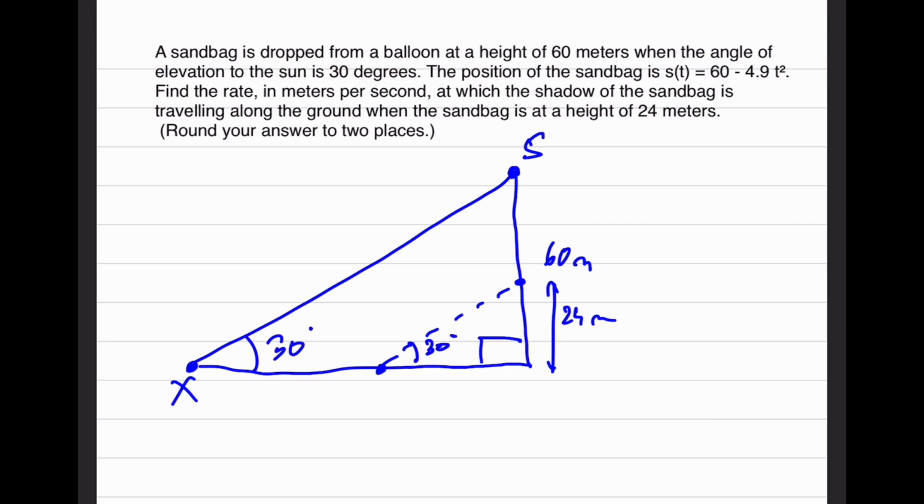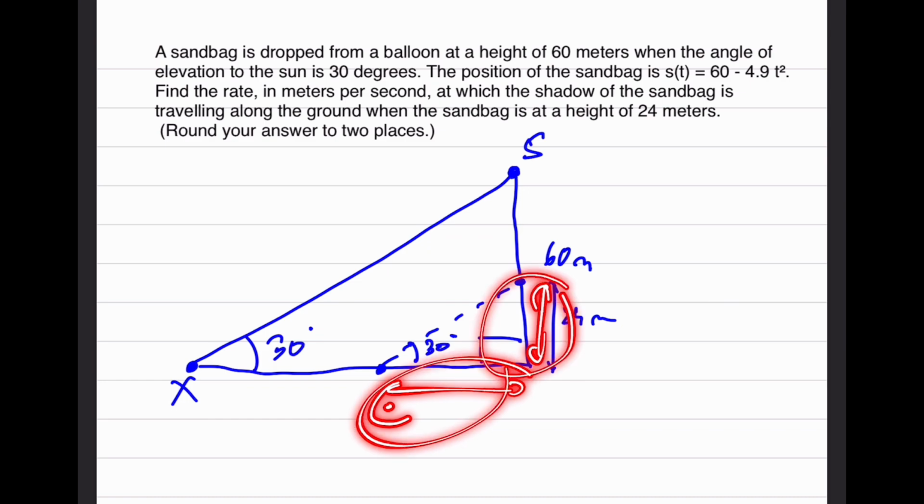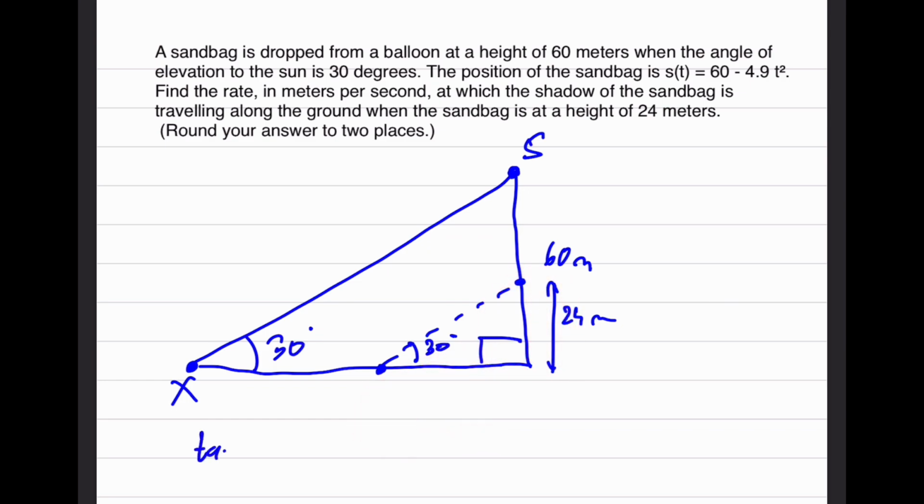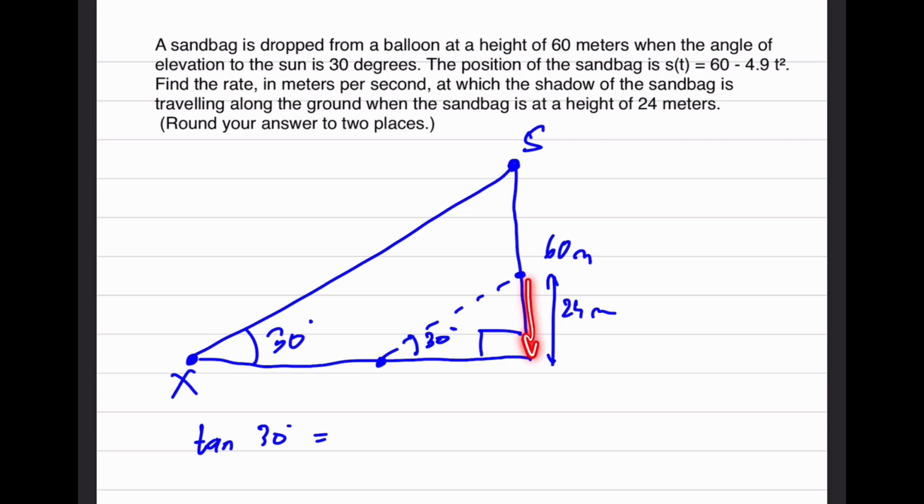So we can say that because this angle 30 remains unchanged, this distance and this distance are related using the tan formula. So tan theta, in this case 30 degrees, is going to be equal to the opposite, which is the distance between the sandbag and the ground, which we will label as S meters over here, divided by the adjacent, which is the distance between the shadow and the point where the sandbag will hit the ground, which we label as small x.